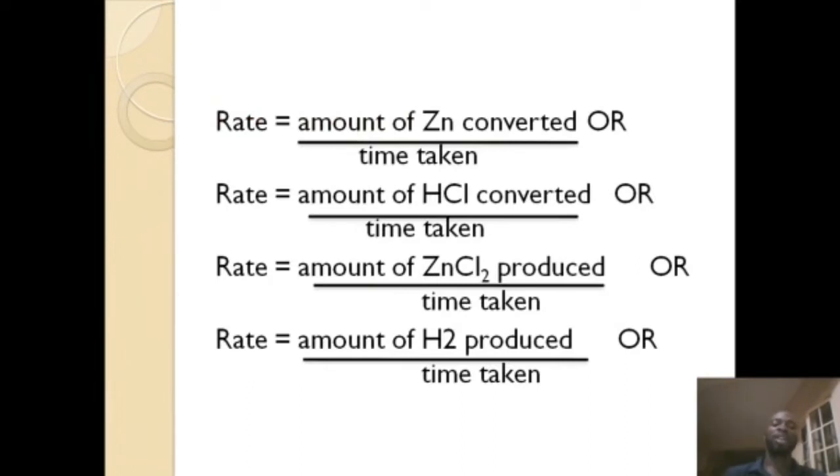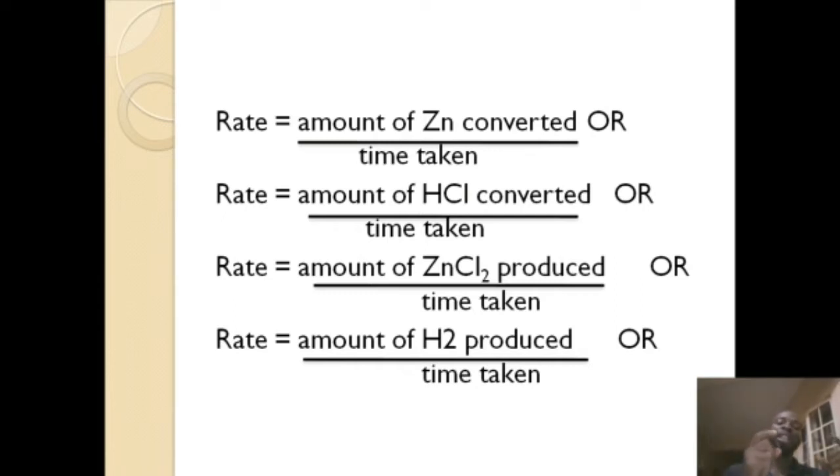Number 1, we can say that the rate of this reaction is equal to the amount of zinc converted over time taken. I repeat again, zinc is a reactant. So the rate of that reaction is equal to the amount of zinc converted over the time taken for this zinc to be converted.